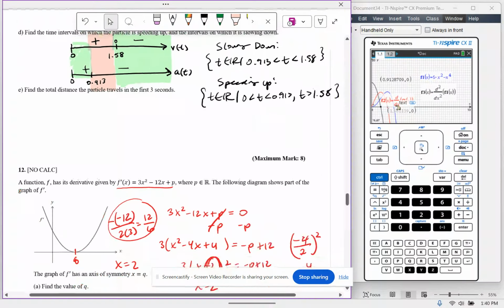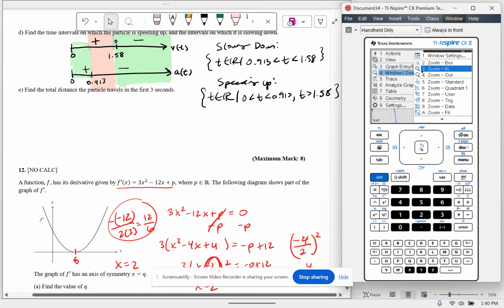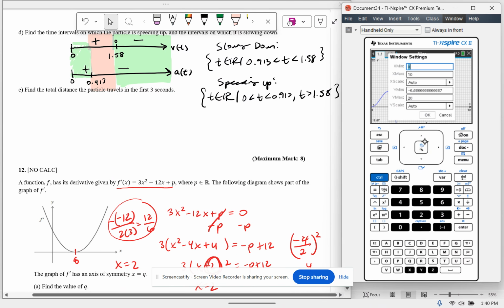Okay. Find the total distance the particle travels in the first 3 seconds. So total distance traveled is going to come from the position function. So I'm going to go back to my graphs. I'm going to delete the derivative because there's a lot of noise going on this graph here. And I'm going to get back to the original. Okay, so I have just my original, right? And I'm going to adjust my window so I can just see what's going on from 0 to 3. I'm going to give myself a little margin here, okay?